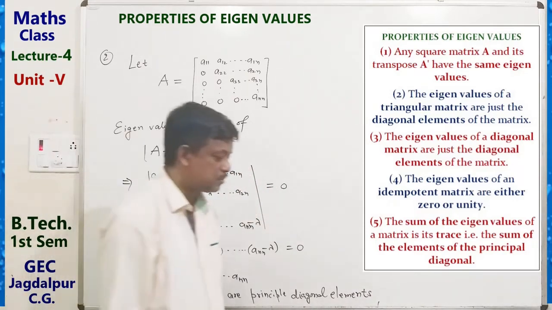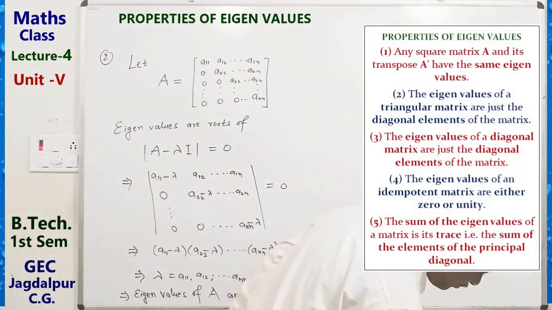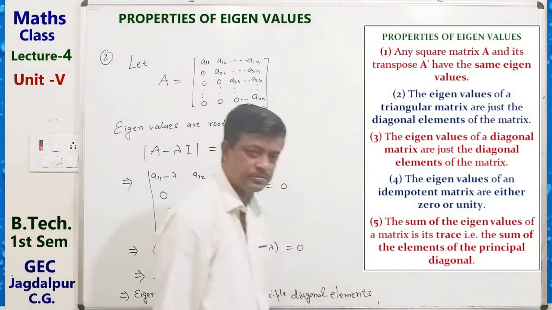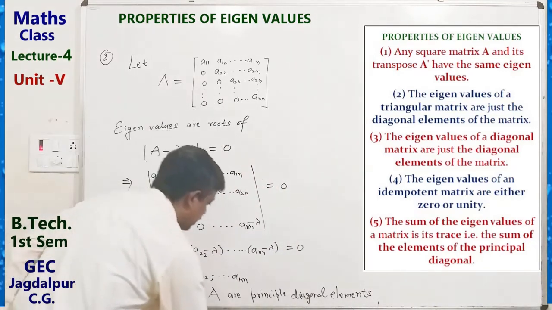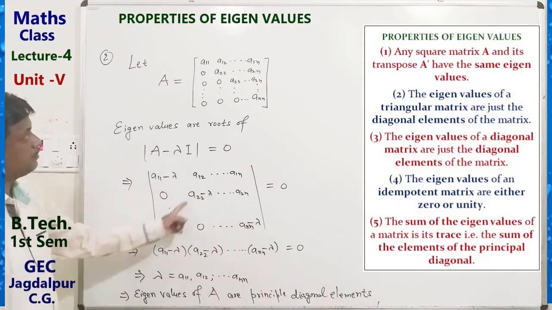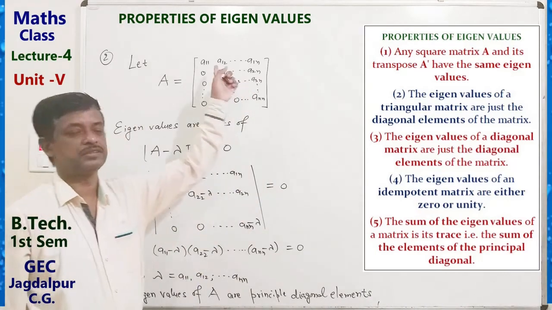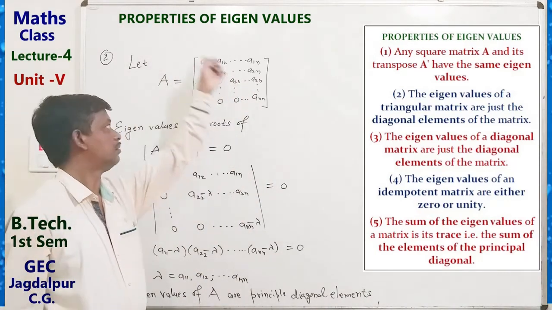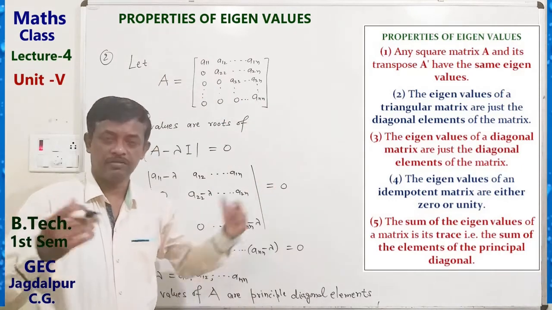Okay, so principal diagonal elements. Now this is the second property: a triangular matrix has principal diagonal elements as its eigenvalues.